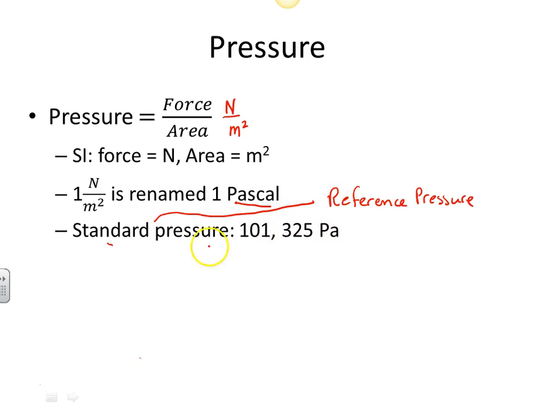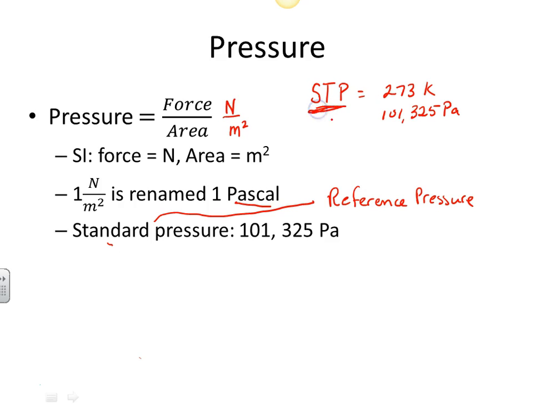Now that we have reference or standard pressure and standard temperature, we can combine those and call it a condition known as STP, standard temperature and pressure: 273 Kelvin, 101,325 pascals. So when we describe a gas, very often we're describing it either at standard temperature and pressure or some other temperature and pressure that relates back to STP.